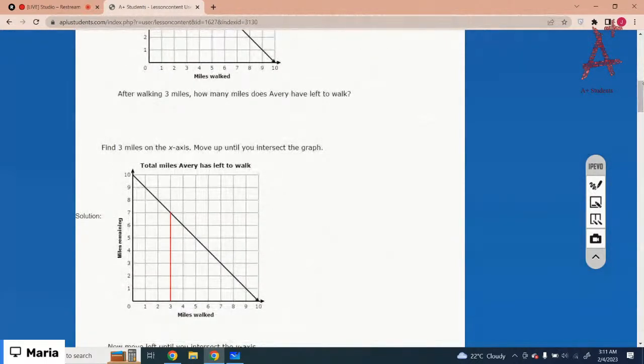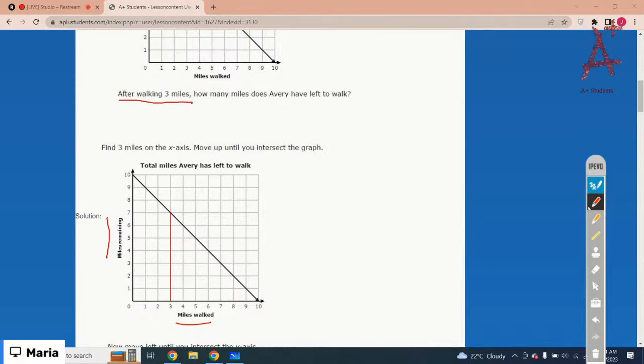So you can match the values. Here on the x-axis you have the miles walked, and on the y-axis you have miles remaining. The question is after walking 3 miles, so match the 3 on the x-axis to the y-axis. How many miles does Avery have left to walk? When you match it to the y-axis, that means 7 miles left to walk.